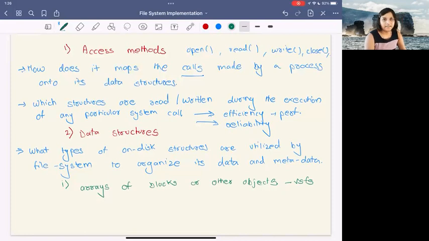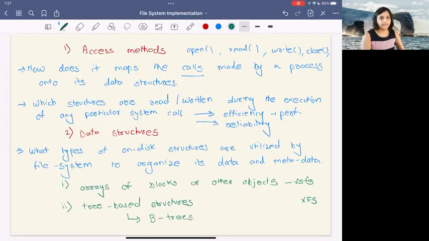Few other more recent and advanced file systems, such as XFS, use underlying data structures that are tree-based. So different tree-based structures, such as B-trees, could be used to organize this data and metadata residing on the disk.